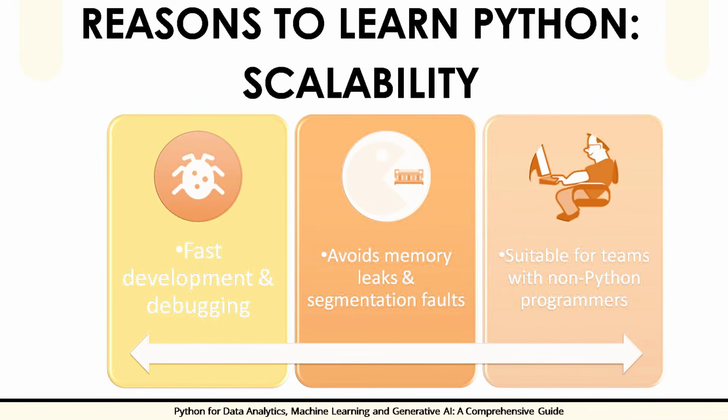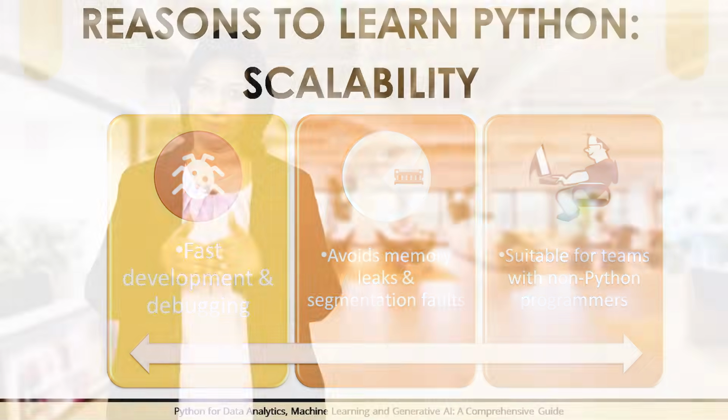Unlike some older languages, Python helps avoid common issues like memory leaks and segmentation faults, making it more stable and reliable. It is also suitable for teams that include members who are not expert Python programmers because its simple syntax and readability make collaboration much easier.